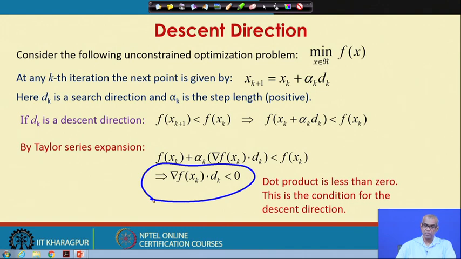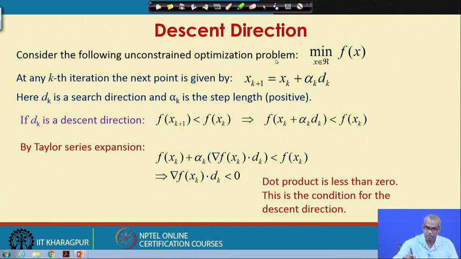If this dot product is less than 0, then the given direction is a descent direction. So, if dk is a descent direction, this condition must be satisfied: the dot product of the gradient of the function at x k with dk is less than 0.